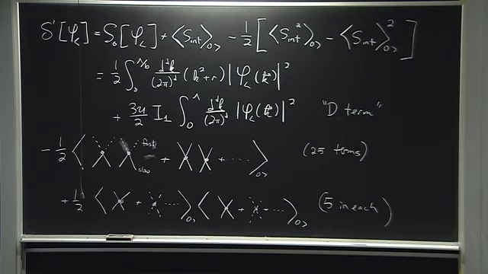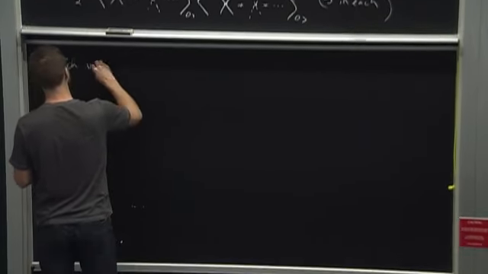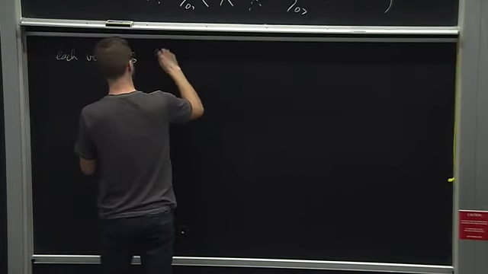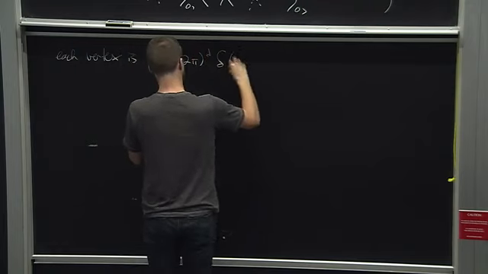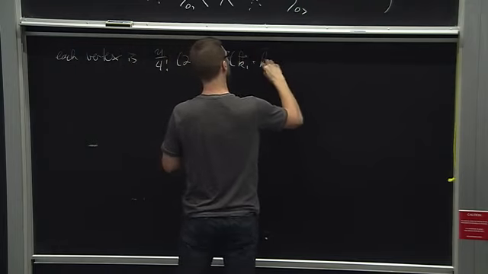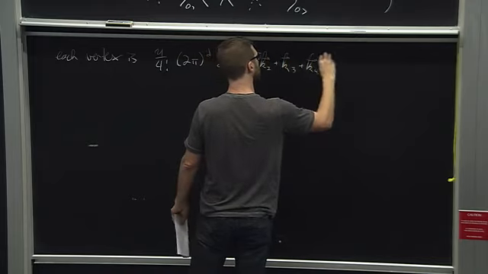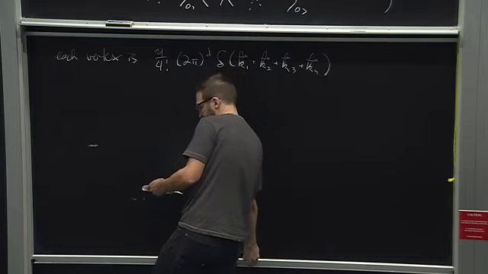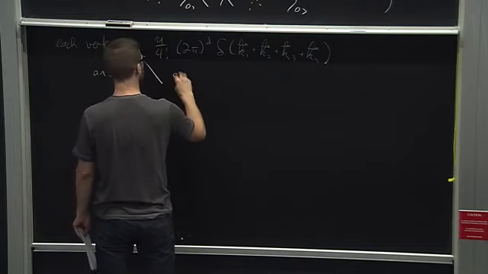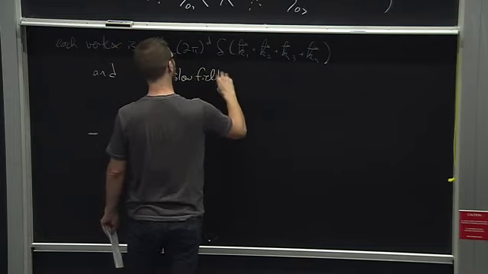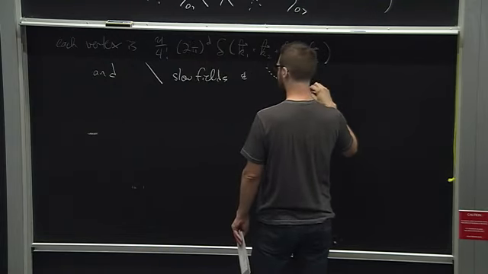And then the lines are the fields. Okay, and what did I say? Straight lines are slow fields. One of those was yellow or something last time.